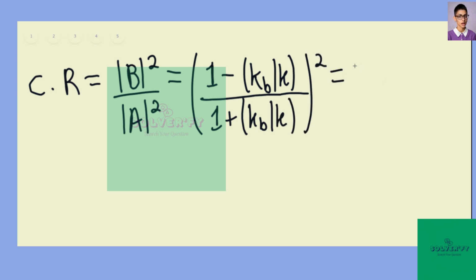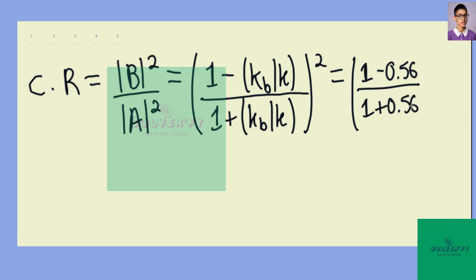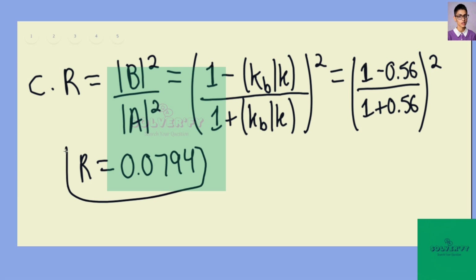This is equaling 1 minus 0.56 divided by 1 plus 0.56, quantity squared, and we find that the reflection coefficient is 0.0794. This would be our answer for part C.